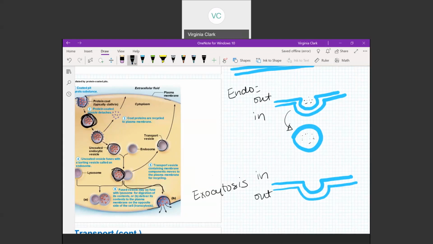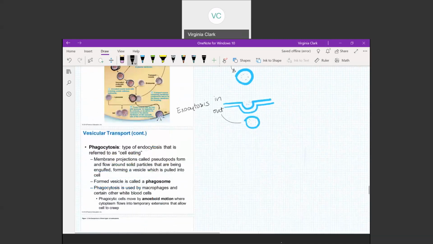And this is all the stuff that's inside. And then it will bulge, so all of the stuff is going to be in a little package now on the outside of the cell. So that's how you're going to move things in the cell through vesicular transport. It just packages them in the same plasma membrane.